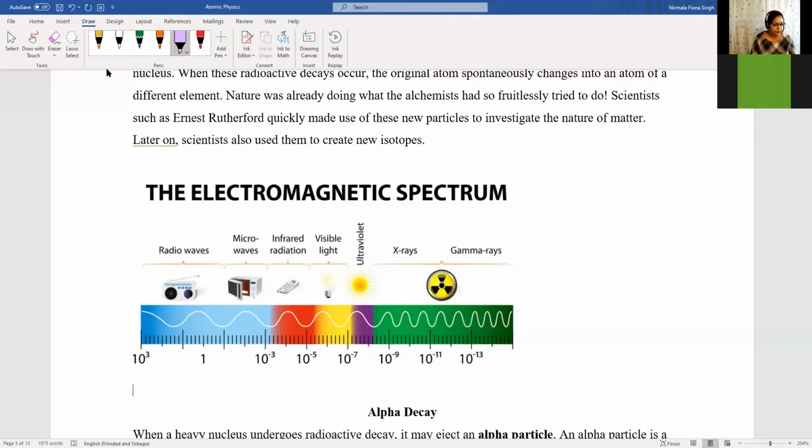So you all should learn what this is. I'm pretty sure I gave it to you when we were doing light, but let's refresh. It covers the largest waves to the smallest waves, so you're going from large waves to very, very small waves.